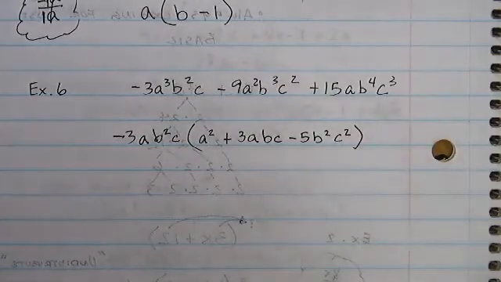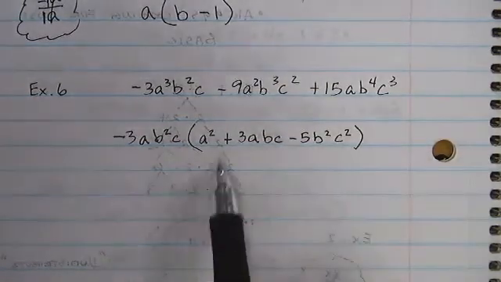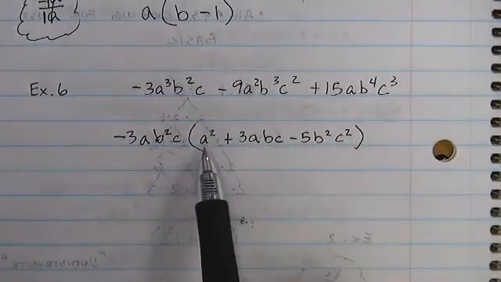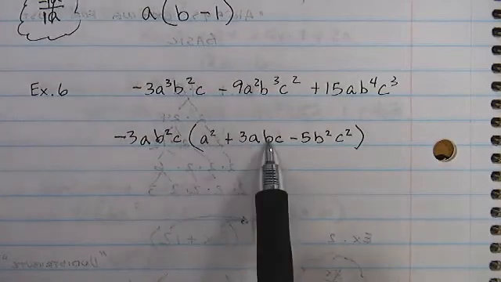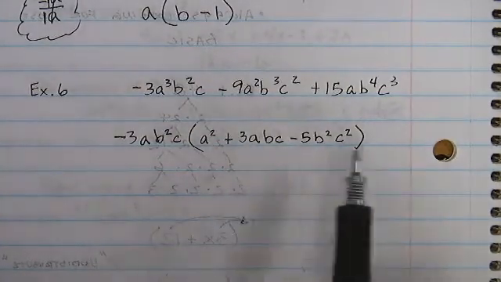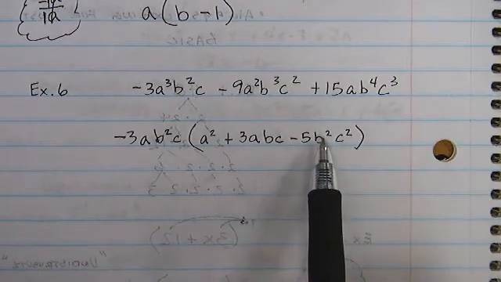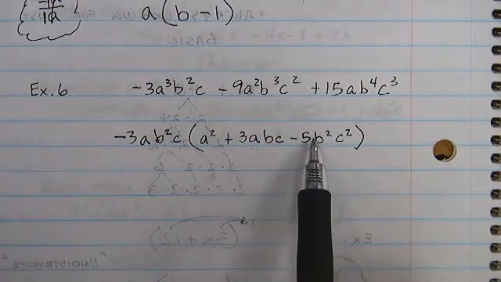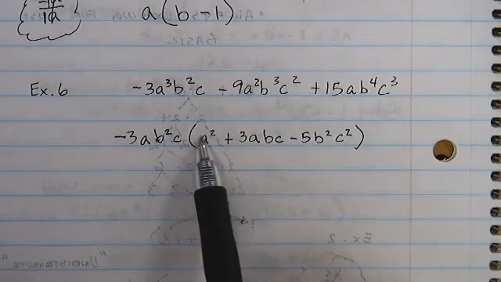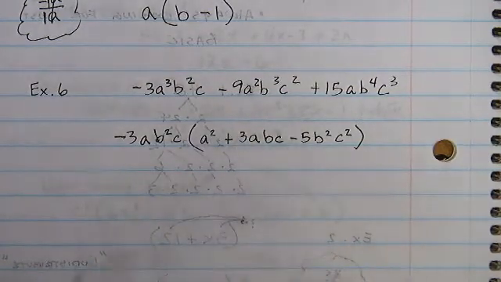Now, just to make sure that I factored out the greatest common factor in every case, look at what terms are left, right, in this expression. Are there any values that I could have taken from every one of these still, right? And if that's the case, I need to go back and try it again, right? If I had still something to take from the numbers, it would show that they still have something to give.